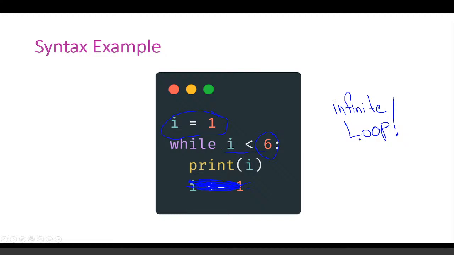And we don't want an infinite loop. An infinite loop will error out our program. It'll trigger Python's infinite loop protection, and it will cause our program to stop running and error out.